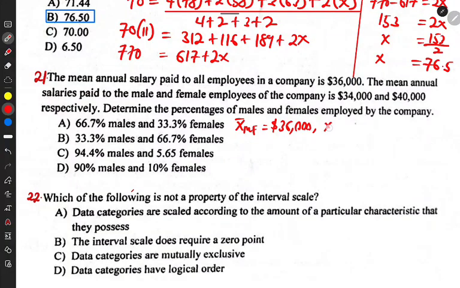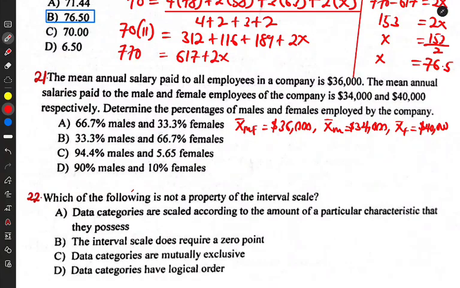So that means that the mean for males, we're told, is $34,000. Then the mean for females is supposed to be $40,000 here. 40,000. So we are asked to determine the percentage of males and females employed by the company. Very simple.